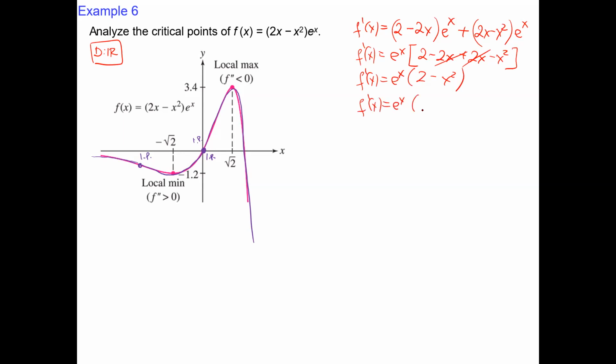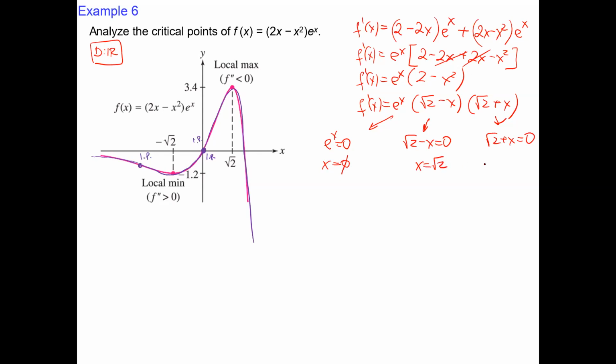e to the x, square root of 2 minus x, square root of 2 plus x. Okay, and derivative is 0 if this factor is 0, or this one is 0. Of course, e to the x is never 0, so we have no solution there.